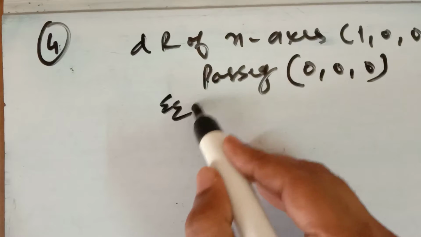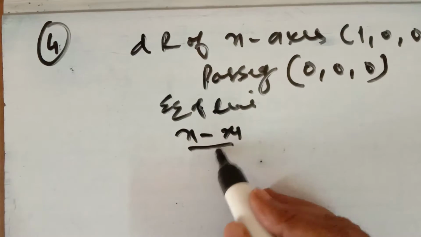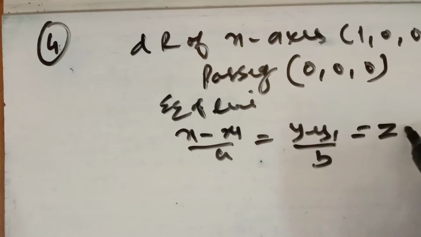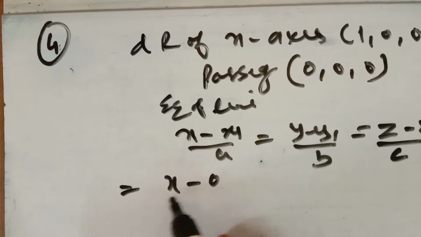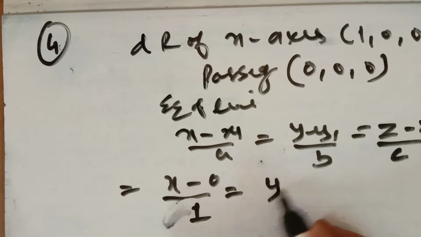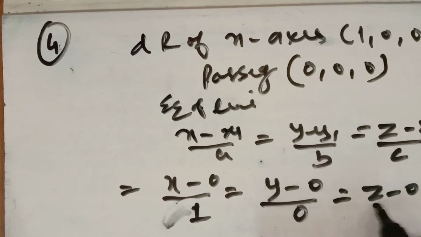So the equation of the line is x minus x1 upon A, y minus y1 upon B, z minus z1 upon C.